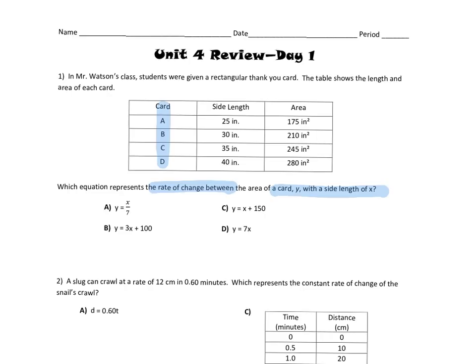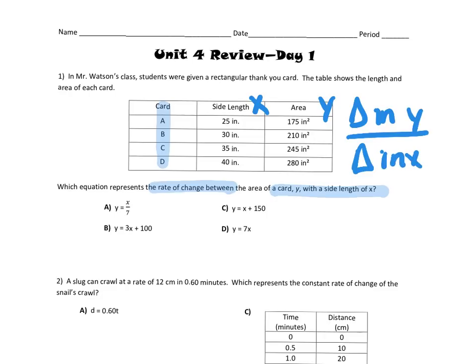So we need to make sure that we understand that we're doing a table, and we're using our x, y. So we're looking for the change in y over the change in x. So the change here, and then the change here. So the change from 175 to 210 is plus 35. 210 to 245 is plus 35. 245 to 280 is it?